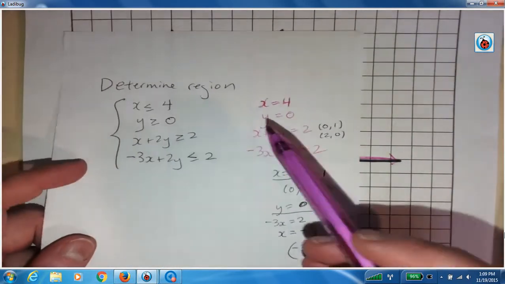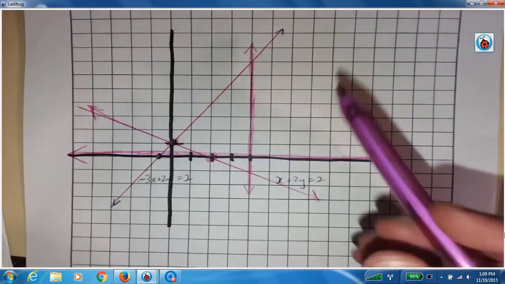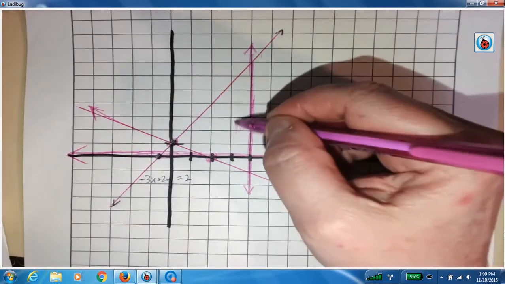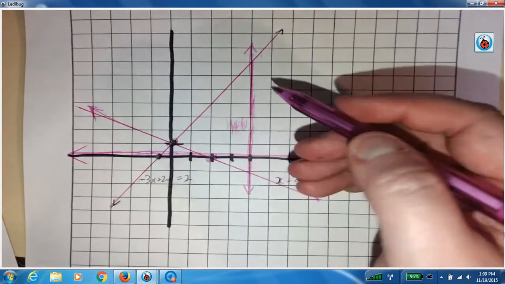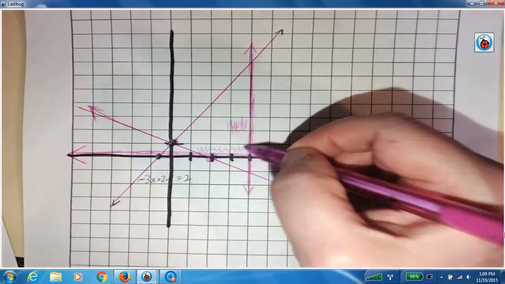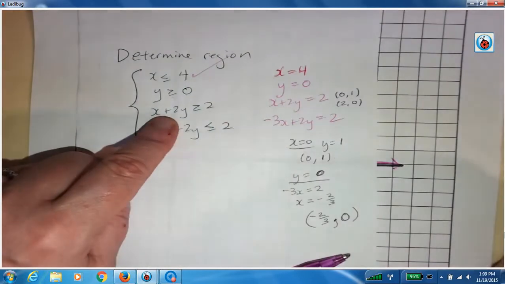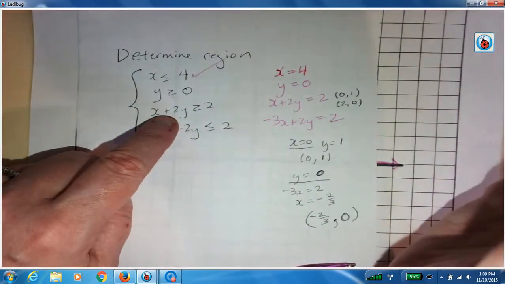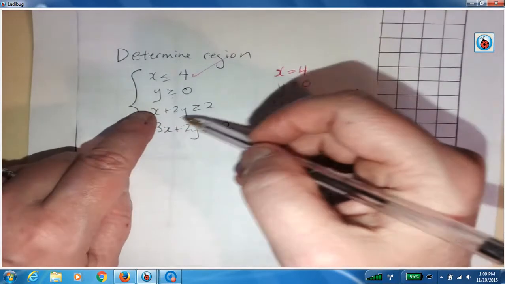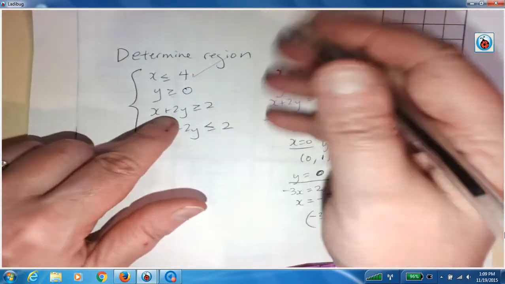Okay, and my region is, I want x less than or equal to 4. That means a little bit to the left. Okay. y greater than or equal to 0. That means above. Okay. And for this one, just because that symbol is greater than or equal to doesn't mean it's above and on. It has to stay the same when I have y by itself. So I'm just making sure that that's the case.